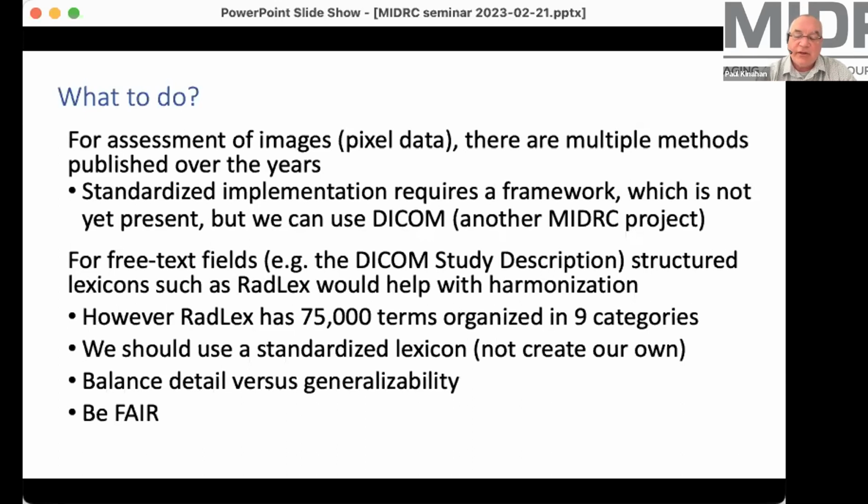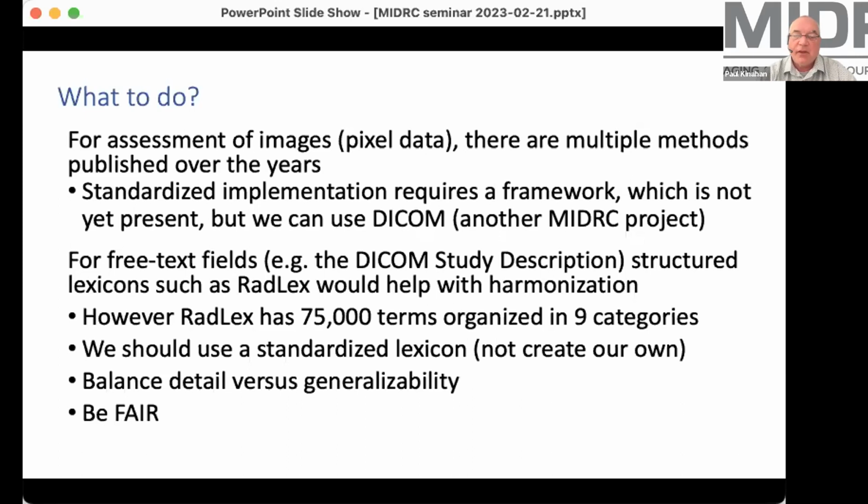A challenge that we faced was that clinically, there's a lot of value in having very precise definitions of the studies, so that when a radiologist or other reader is reviewing the image, they know as best as possible the clinical intent and the scan protocol that was collected. On the other hand, the more granular it is, the harder it is to generalize to the level of, for example, I would like to collect all the chest CT exams where there's contrast.